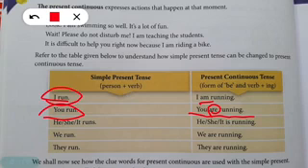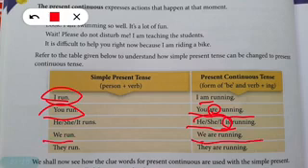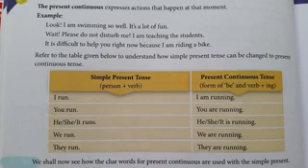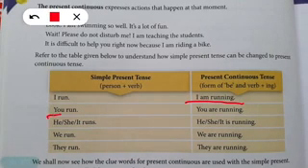He or she or it is running. As all these are singular, we are using the singular helping verb is. We run. So we are running. As it is plural, we are using are. They run. They are running. Is that clear? Now read the table again. I run. I am running. You run. You are running.